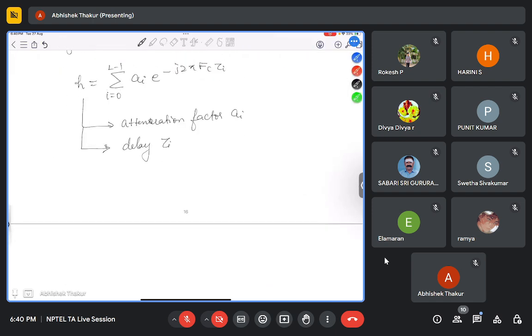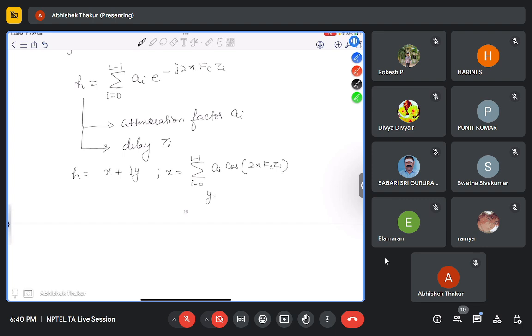So if we write h is equal to x plus jy, here x we will consider as the summation of i equal to 0 to L minus 1 of a_i cos 2 pi fc tau_i.